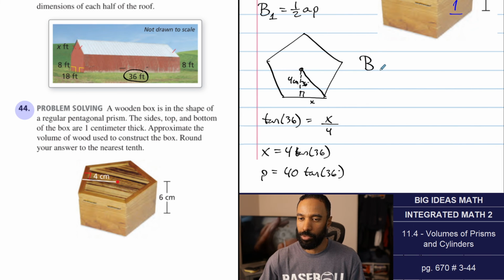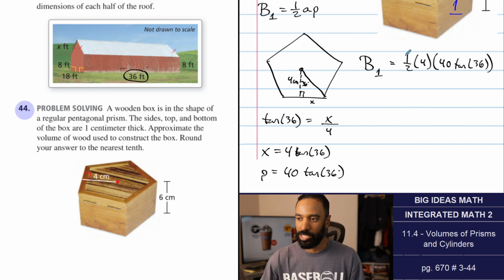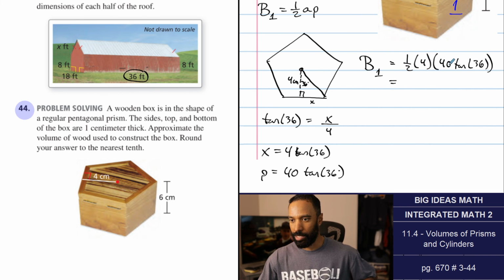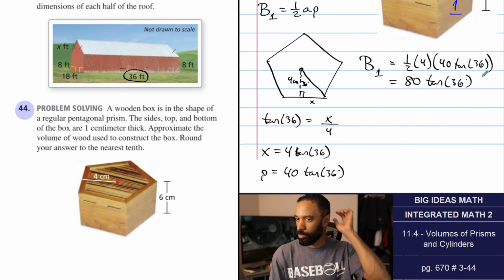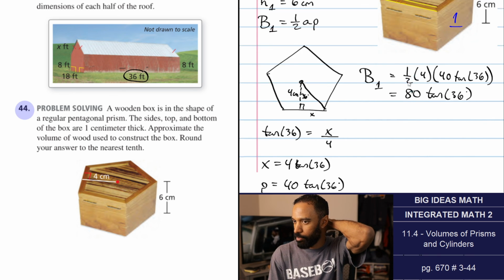So the area of base 1 is 1/2 apothem times perimeter. Now I'll leave it exact as long as I can simplify that. Half of 40 is 20 times 4 is 80. So you get 80 times the tangent of 36 degrees. So that is the area of base 1.